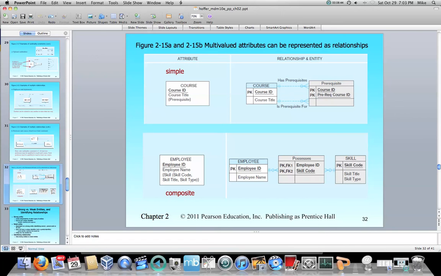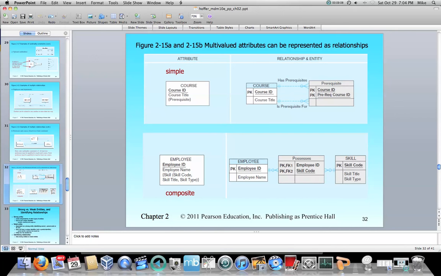And we could make the decision to break that out and say that a prerequisite is an entity in and of itself. And then we can say the course has prerequisites, or the course is a prerequisite for another course. It depends on how we want to set that up. So that's an example of a simple.